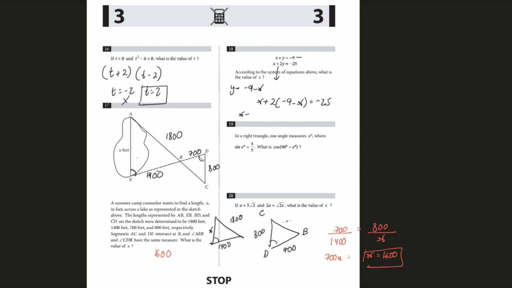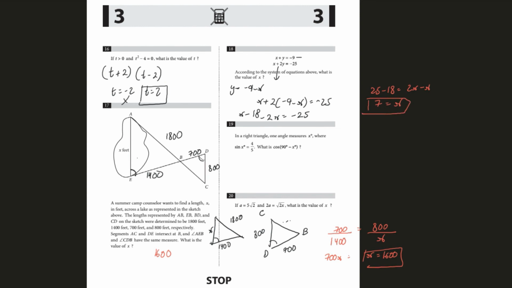X minus 18 minus 2x is equal to minus 25. Now 25 minus 18 is equal to 2x minus x. 25 minus 18 is 7. So x is equal to 7. 7 is your answer.